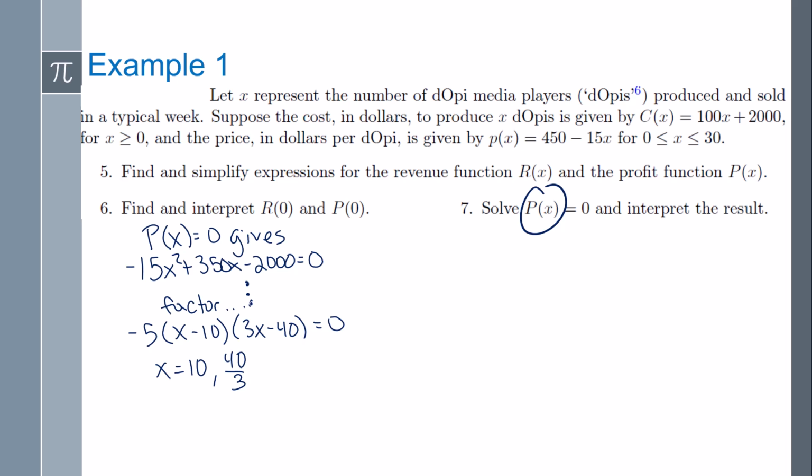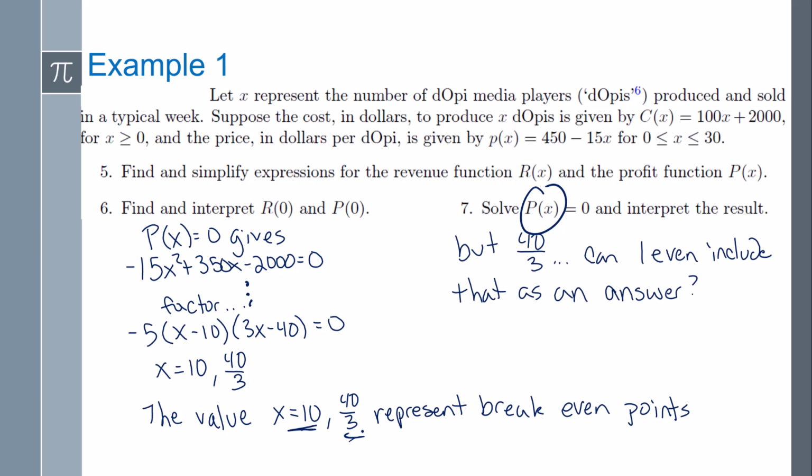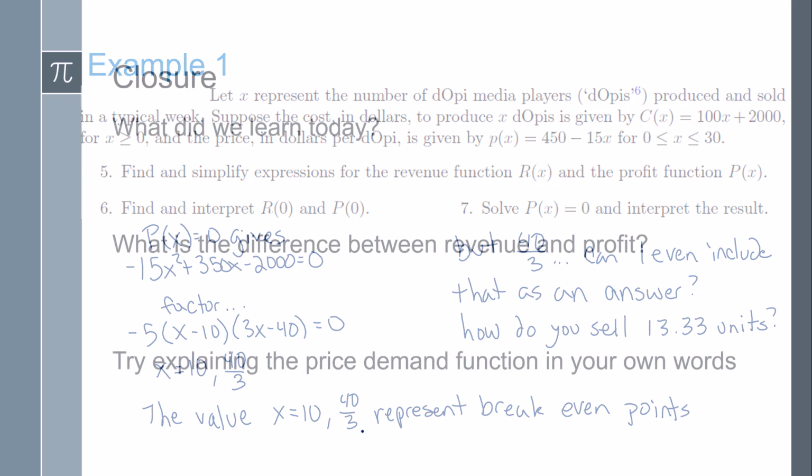Now what this means is that those represent our break-even points, meaning my profit is 0. I need to sell 10 or 40 over 3 to break even. But there is an issue here. How can I sell 40 over 3 units? Right? That doesn't make any sense. So typically what we do is we round one way or another.